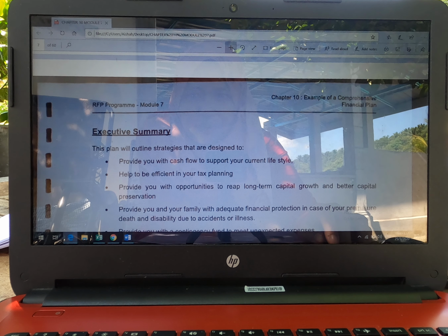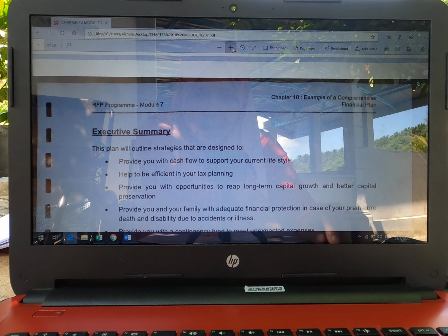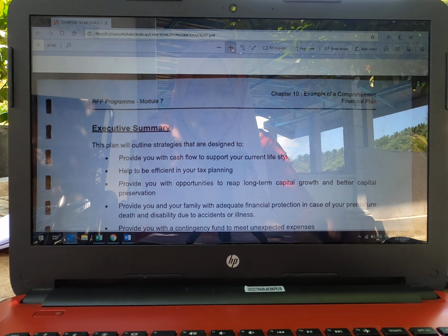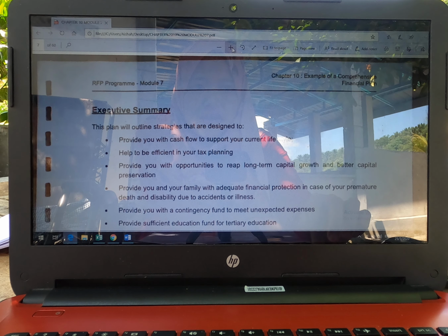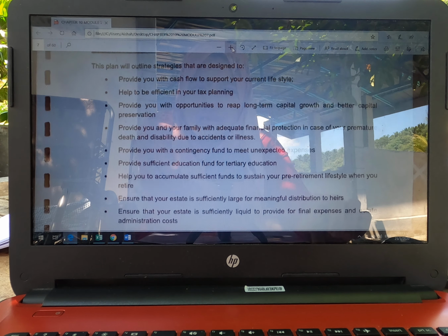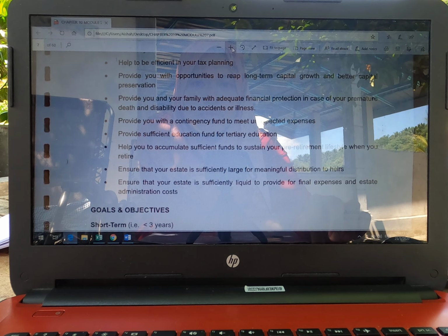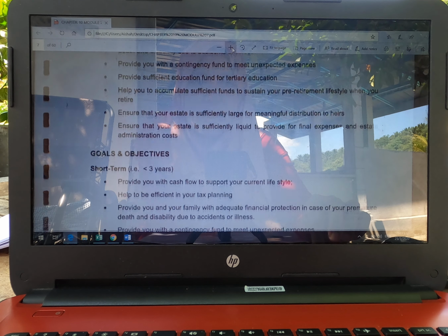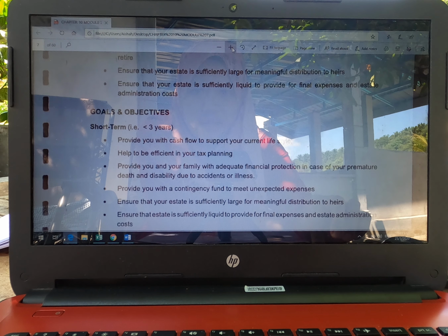The executive summary comprises the strategies designed to provide you with cash flow to support your current lifestyle, and to be efficient in tax planning. This is the general guideline or example for you to prepare your own report that suits your client.